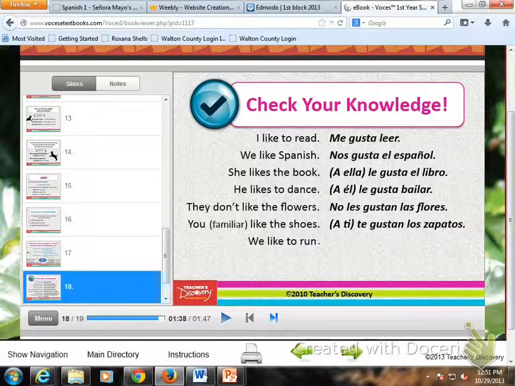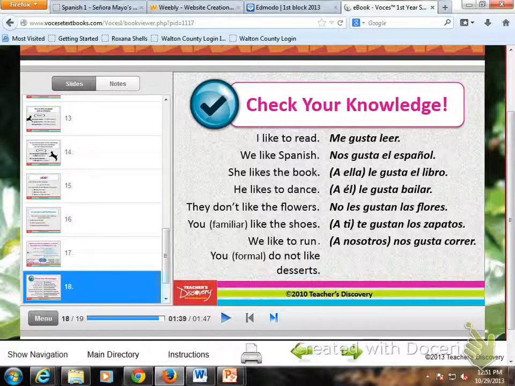Okay, two more. We like to run. Nos gusta correr. Good. And last one, you formal do not like desserts, plural desserts, which would be crazy. No le gustan.